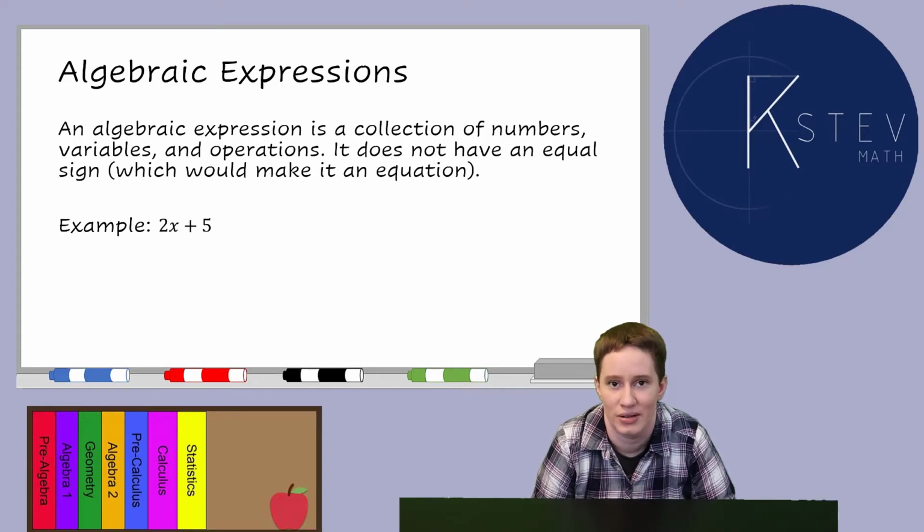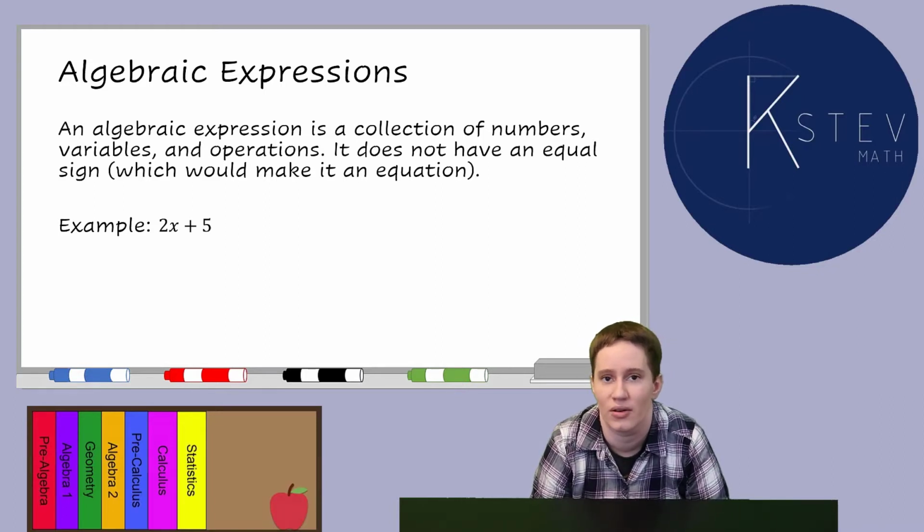Algebra is a type of mathematics that tends to solve for unknowns, right? A lot of people think of algebra as the place where letters all of a sudden are in math. So an algebraic expression is a set of numbers, operations, and letters that together can represent something.